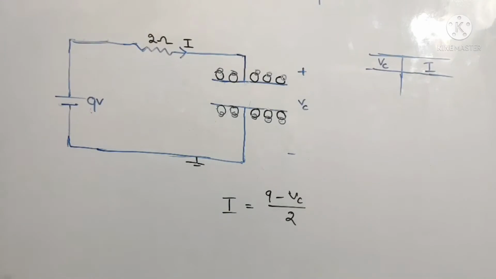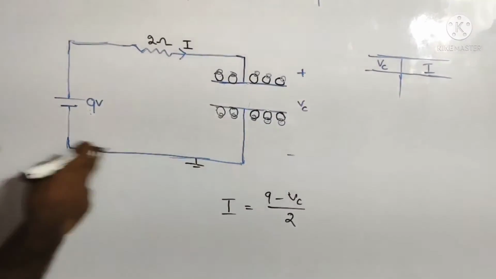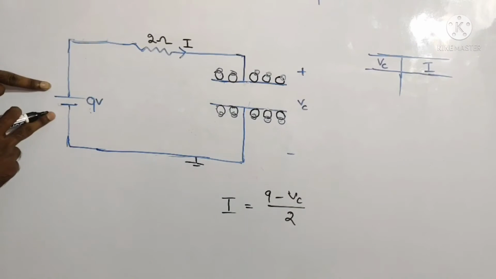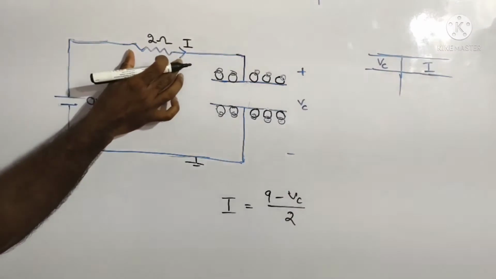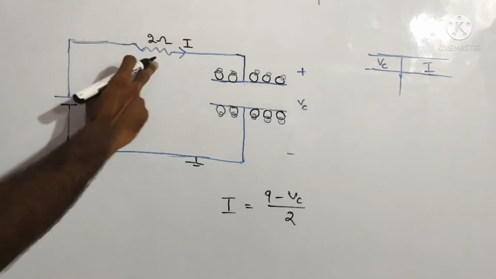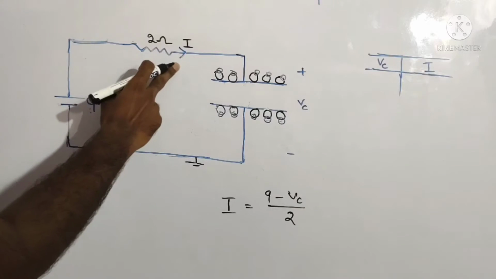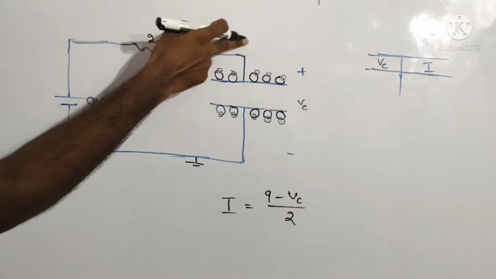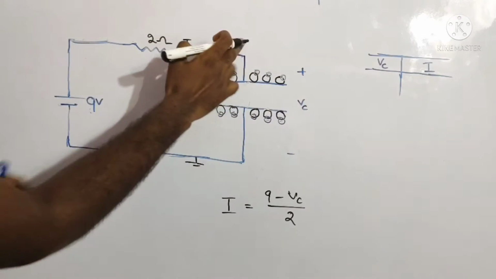As I mentioned earlier, we'll see how the current flows here, because this is an open circuit. Now I just connected this capacitor to this 9 volt source, in series with a resistor, and I'm going to measure the value of current. I is nothing but 9 minus Vc over 2, where Vc is the voltage across the capacitor.